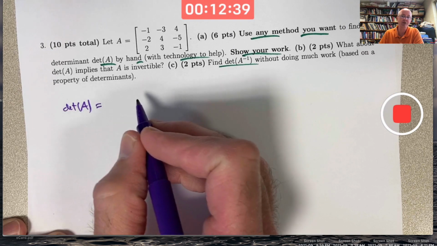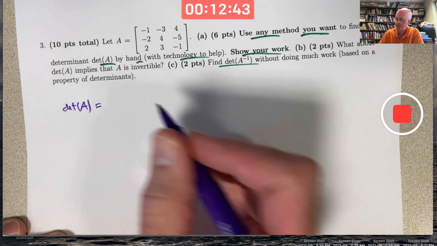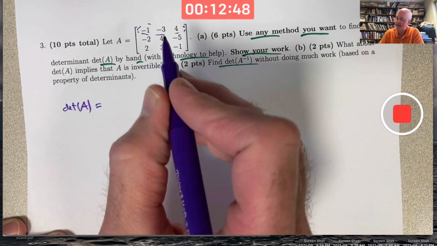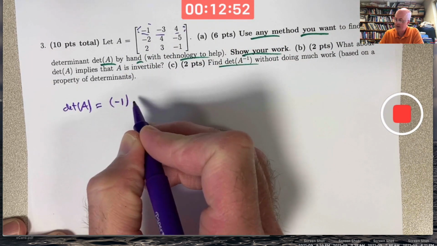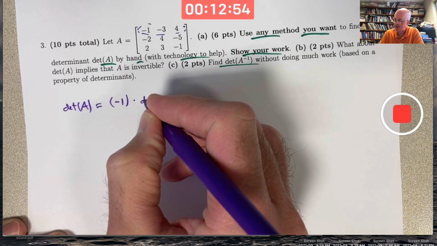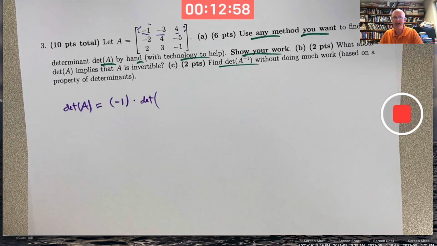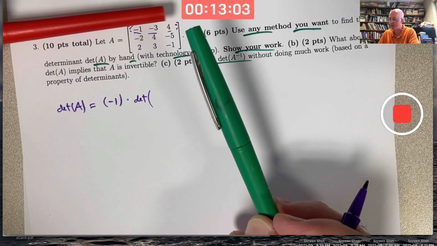I will remind you that you can also calculate the determinant with row operations, though I won't show the details. So, cofactor expansion across the first row, that means take the first entry in the first row, -1 in this case, multiply it times the determinant of the 2 by 2 submatrix that I get by deleting the row and the column of that first number, the first row and the first column.